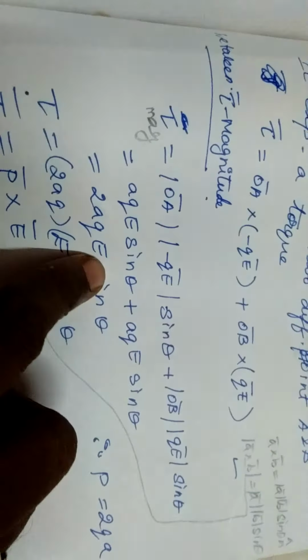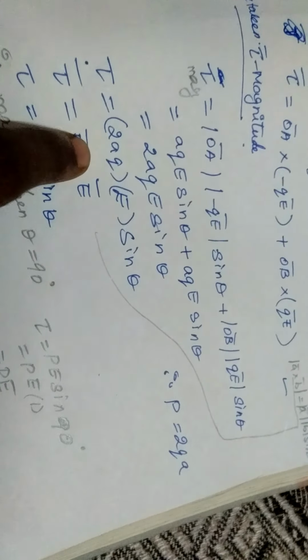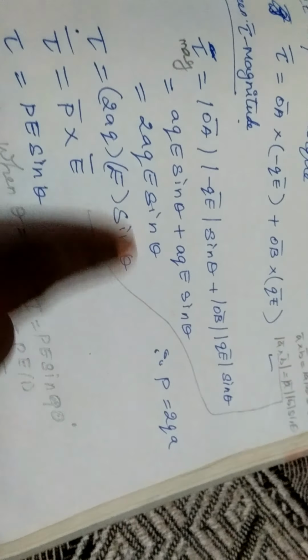The minus sign is negligible here, because we only want the magnitude, so we neglect the minus sign. So both are equal and add up to 2aQE sin theta. So the magnitude of the torque we have to find out is 2aQE sin theta. Separately we have to write this.